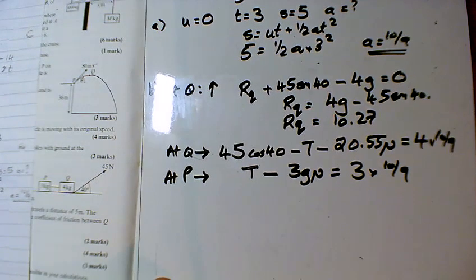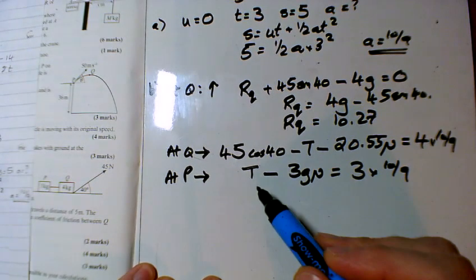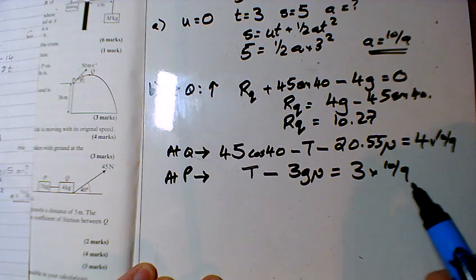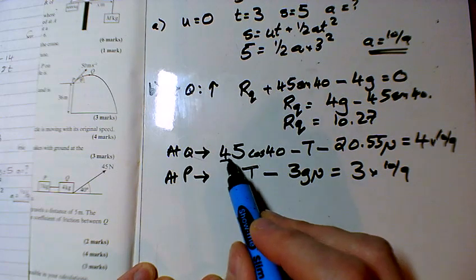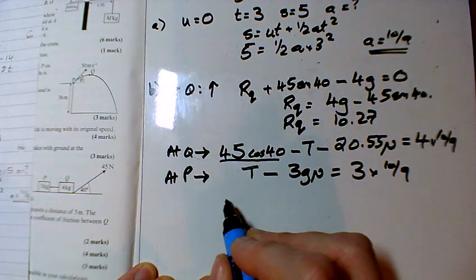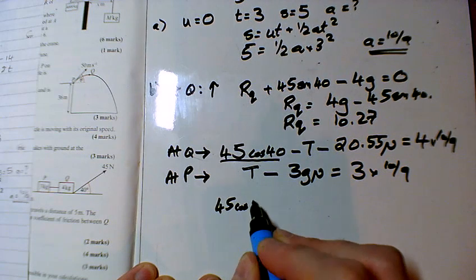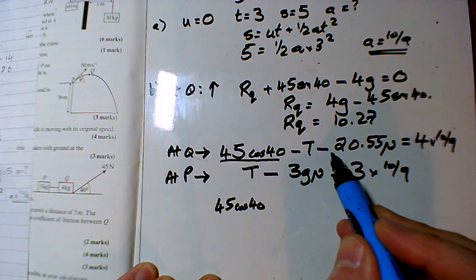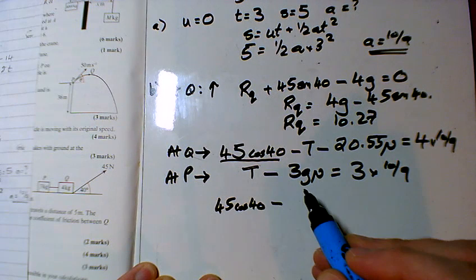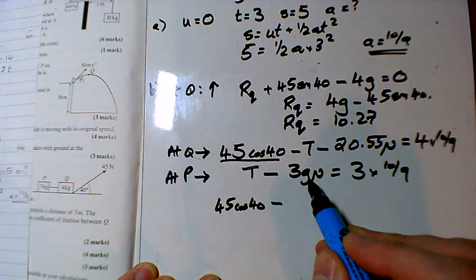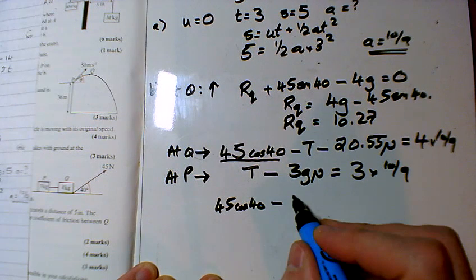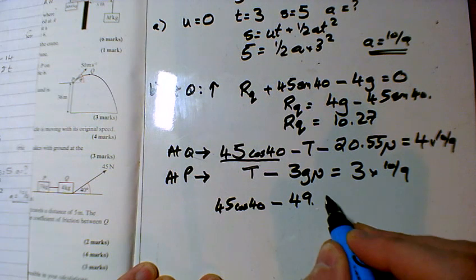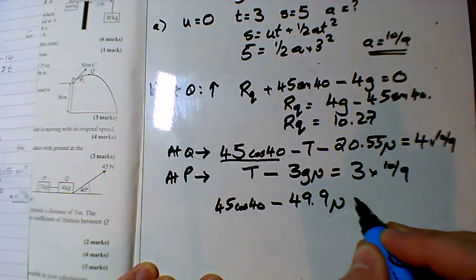Two equations. We don't know what the tension is, so let's add these two things together. So I've got, right, that 45 cos 40 minus t plus t, and then minus, so if I've got 3 g's and the extra 20.55, I've got 49.9 mu there.